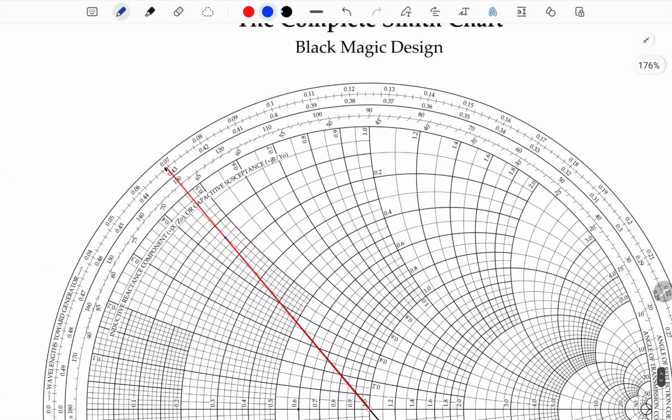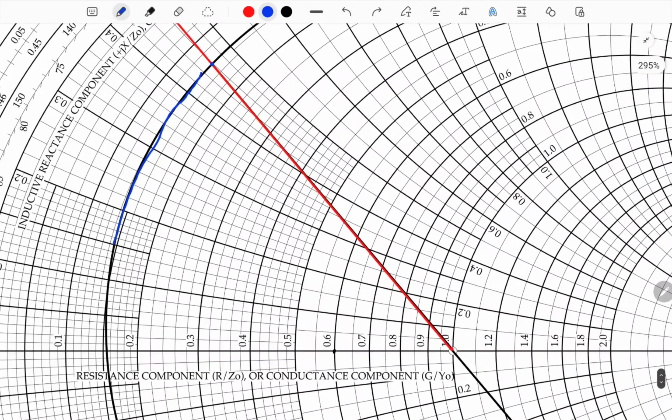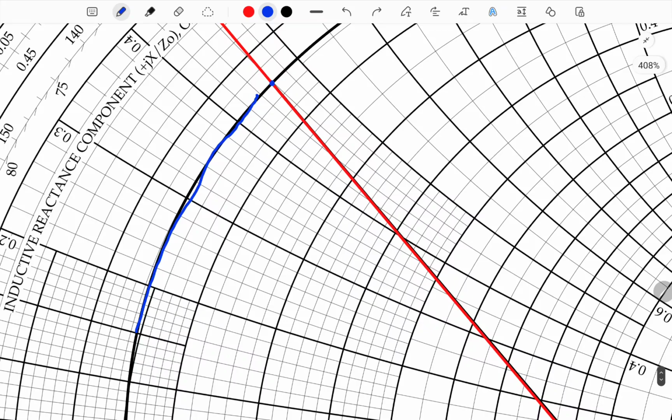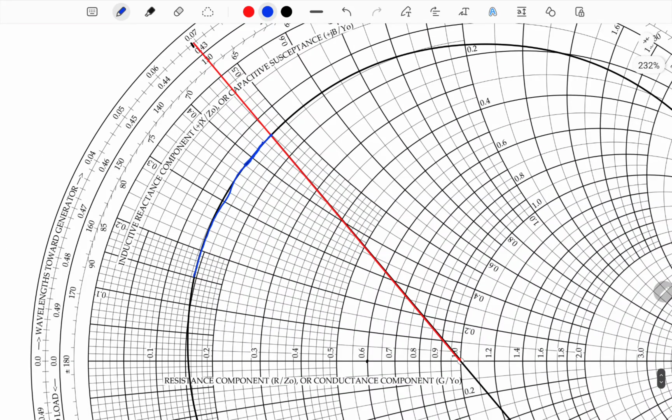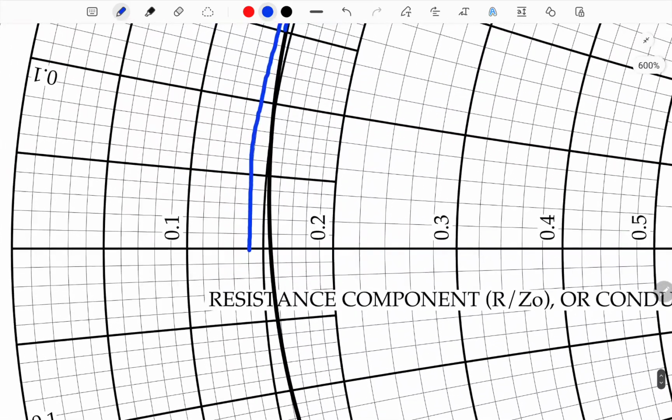You're not following the circle, you're following the line. This line breaks off from the circle right there and continues down right here. So this line right here is 0.14.